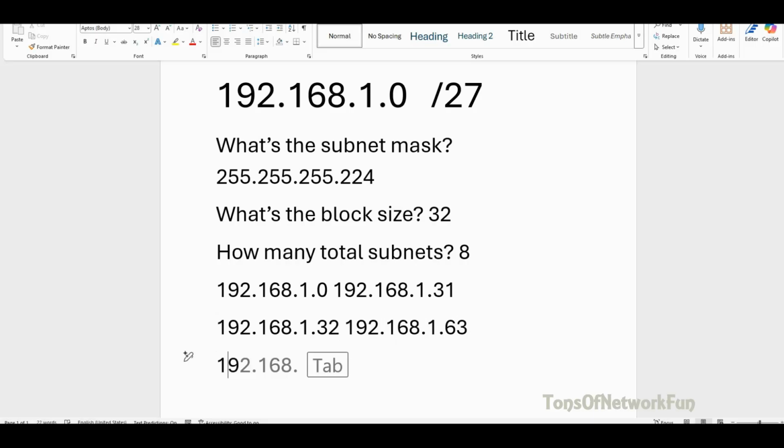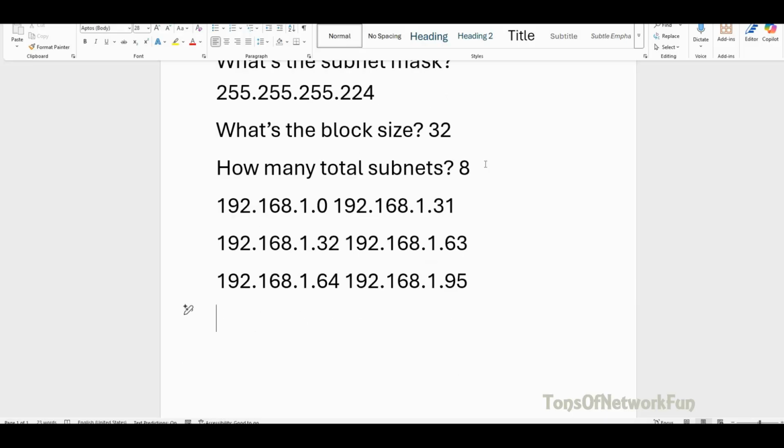Third one 192.168.1.64, 192.168.1.95. And the next one starts at 192.168.1.96 all the way to 192.168.1.127.